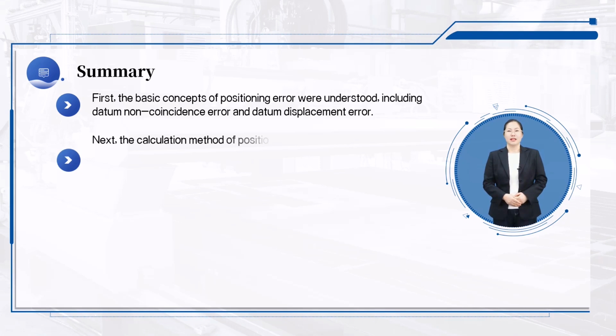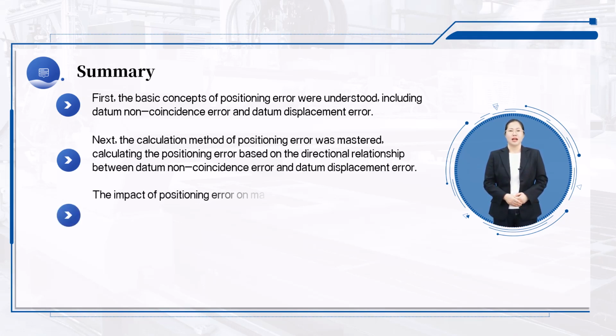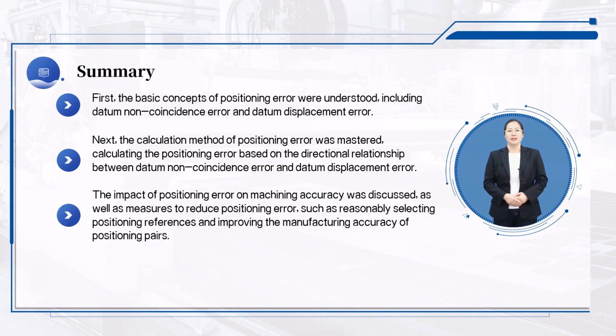Next, we mastered the method for calculating positioning error, which involves determining the relationship between the directions of datum non-coincidence error and datum displacement error. We also discussed the impact of positioning error on machining accuracy and measures to reduce positioning error, such as reasonably selecting the positioning datum and improving the manufacturing precision of the positioning pair.